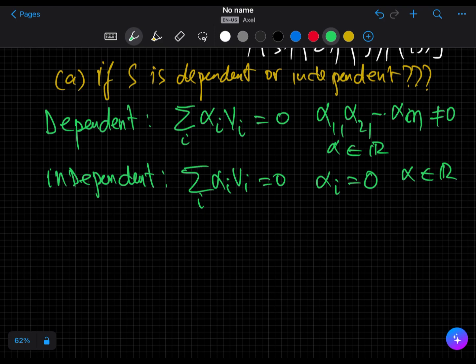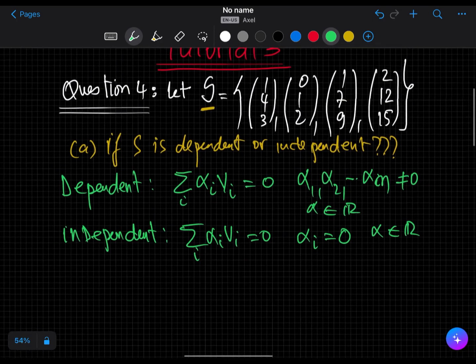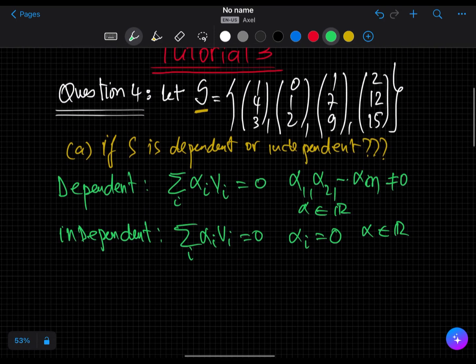Now, we therefore have this system as given. We have to see if the scalars are all 0 or at least one is non-zero.